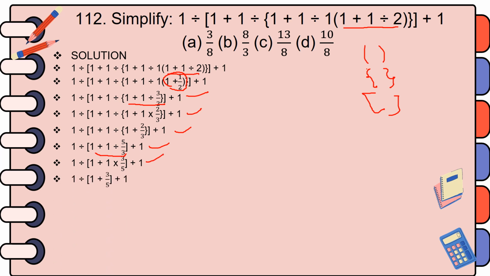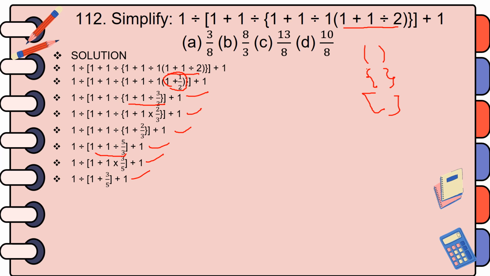Now we have 1 divided by, open the bracket, 1 plus 3 over 5, close the bracket, plus 1. That means we have simplified numbers first in the parenthesis, then in the brace, and what remains now is only the bracket.